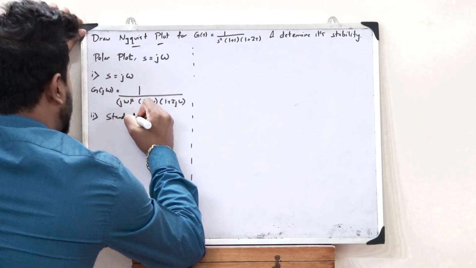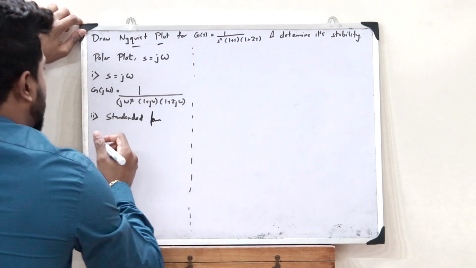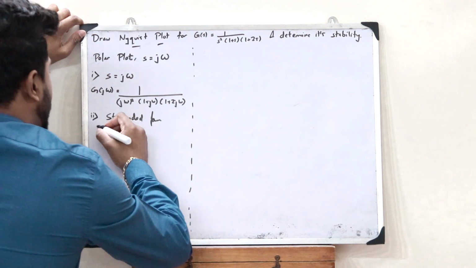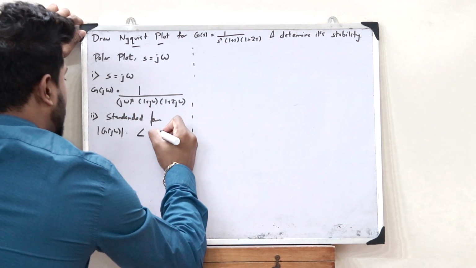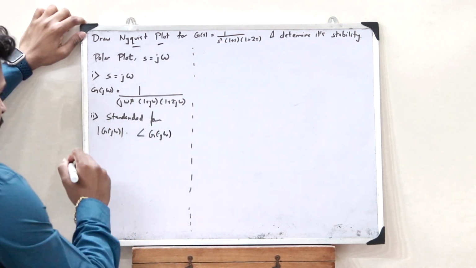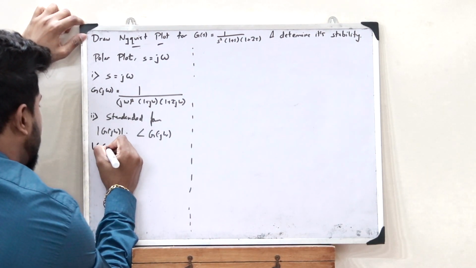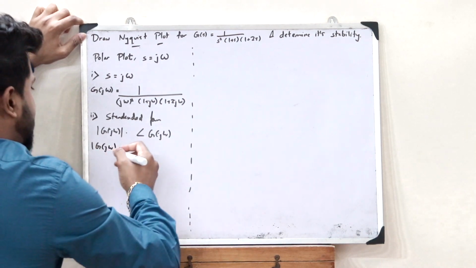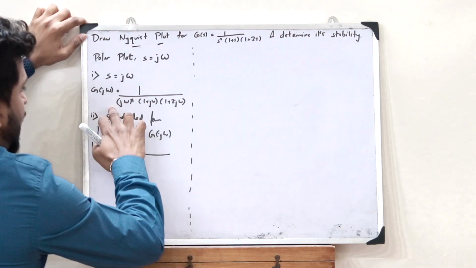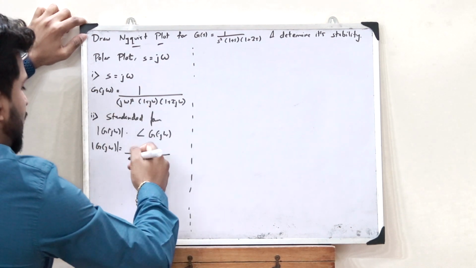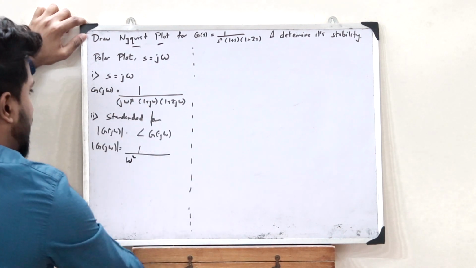In the standard form, we would get the magnitude of g of j omega and the phase of g of j omega. So the magnitude of g of j omega is equal to 1 divided by, here we have j omega squared, so the magnitude of that would be just omega squared.